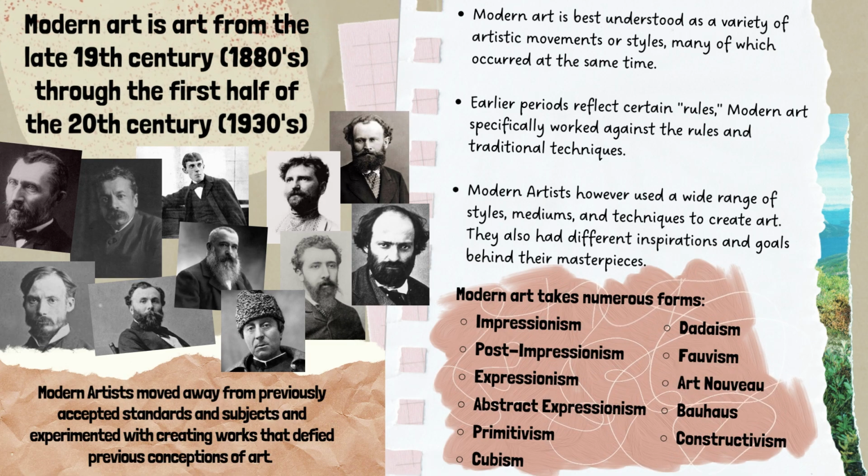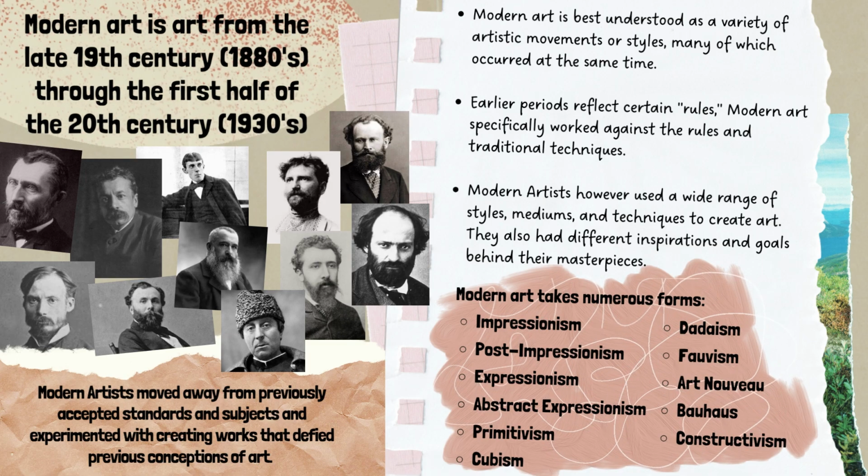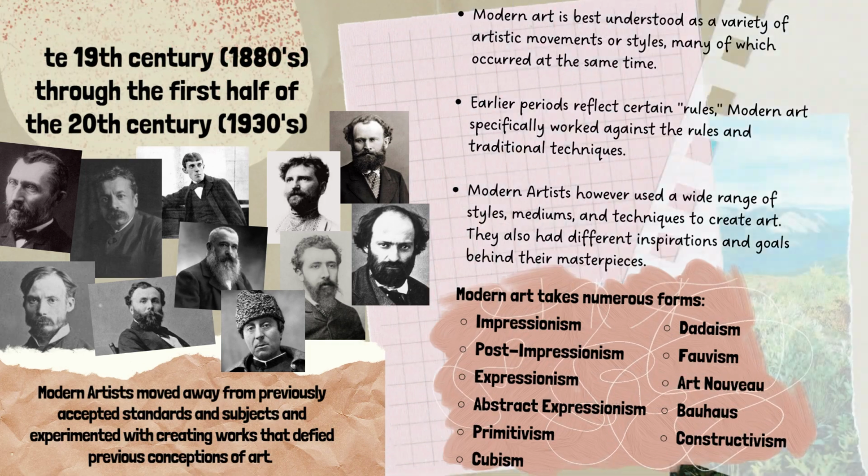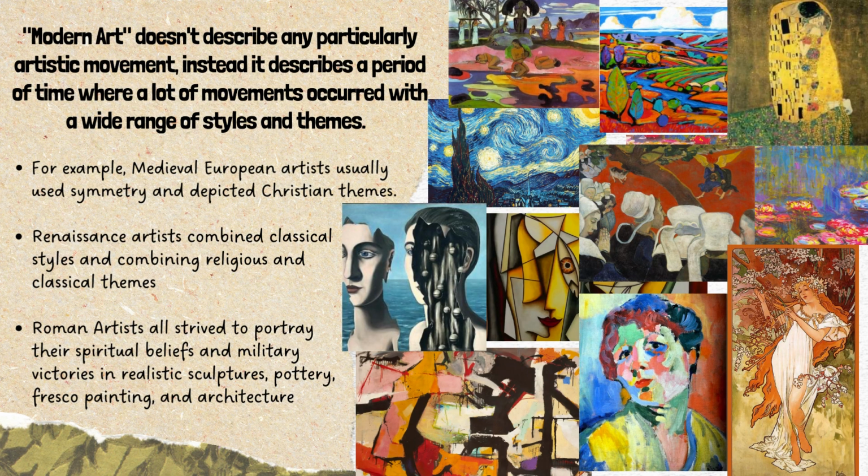Now, modern art, like I hinted, isn't any one type of art. Modern art includes a lot of very different looking art and reasons why the art was being made. When we reflect on what we've learned so far in this course, we learned about medieval art and how much of that art revolved around Christian themes.